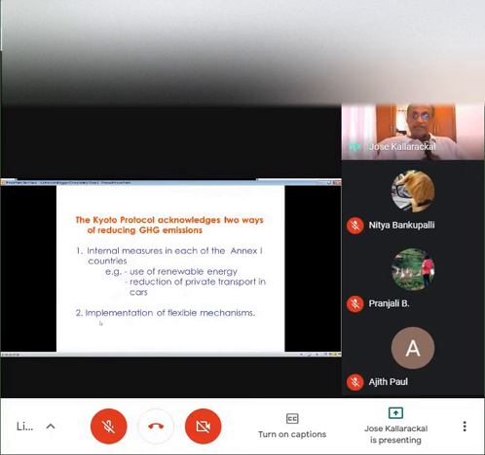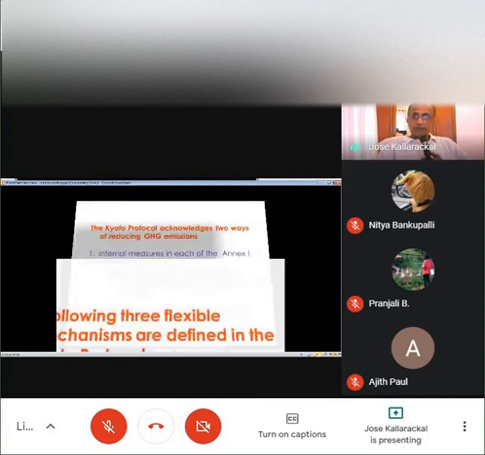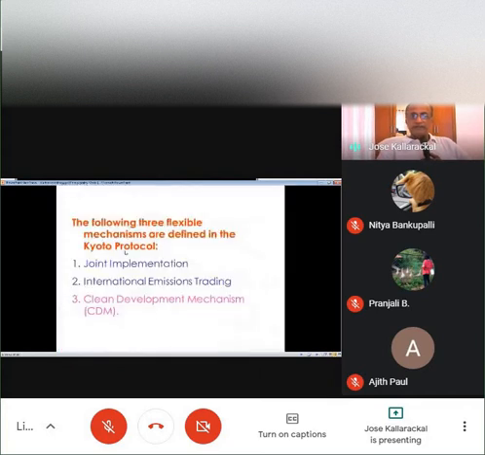And second is by implementation of flexible mechanisms. Some other mechanisms have been actually given. We are going to see that now. The following 3 flexible mechanisms are defined in the Kyoto Protocol. What are these flexible mechanisms? Joint implementation. What is joint implementation?